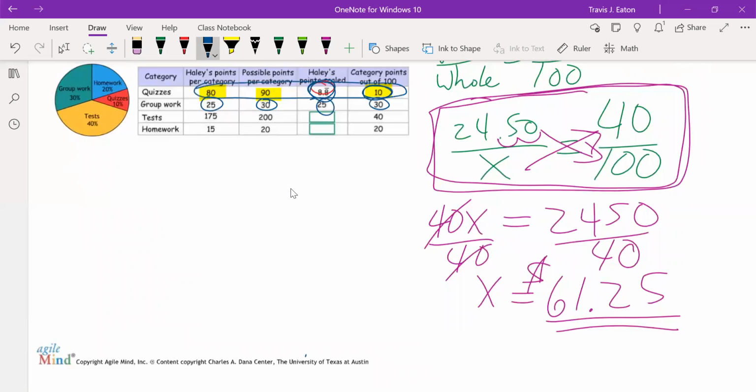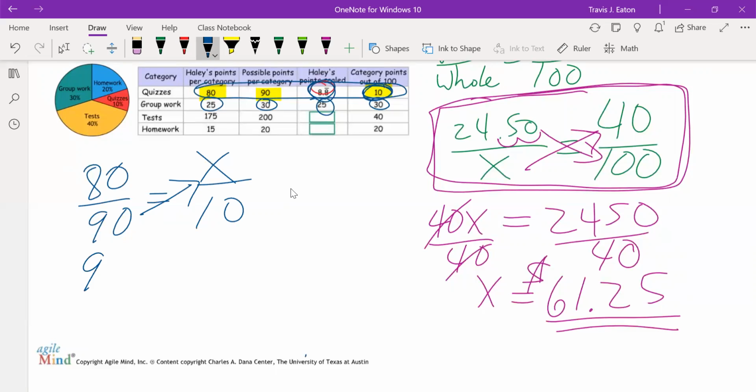Remember the first one that we did there? It was 80 out of 90. If we know that the category is out of 10, what would that be out of 10, right? X out of 10. So let's multiply 90 times X. We're doing the first one a shorter way. 90 times X is 90X. 80 times 10 is 800.